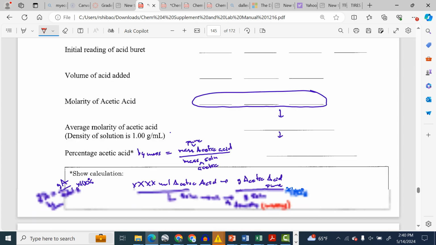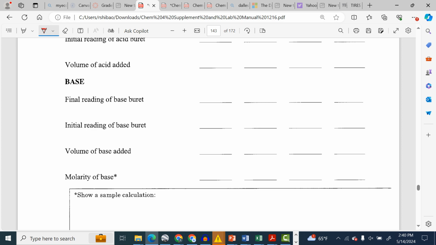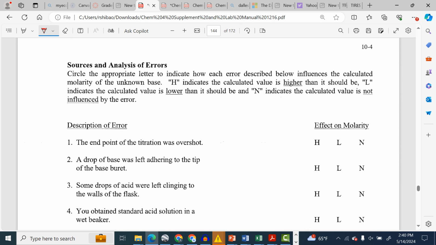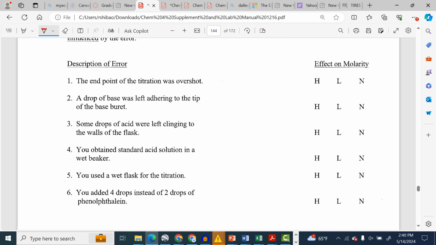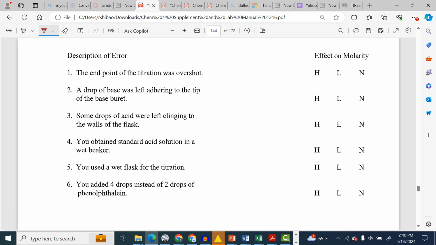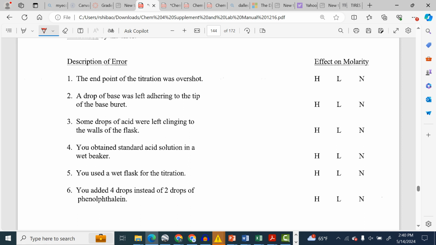It was the last part of the lab here. The first part was day 1, and then there's these error analysis here. So try to figure these ones out here, 1 through 6. What you're looking for is an impact on the molarity, the final molarity that you're calculating for sodium hydroxide.